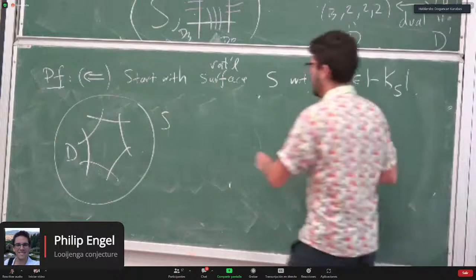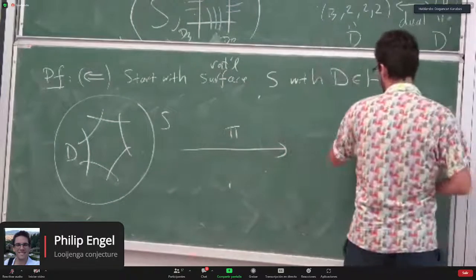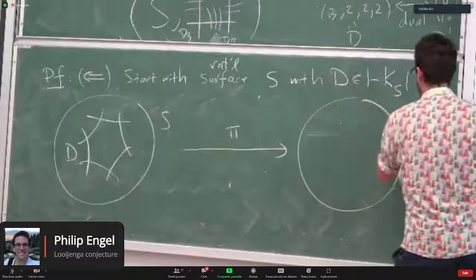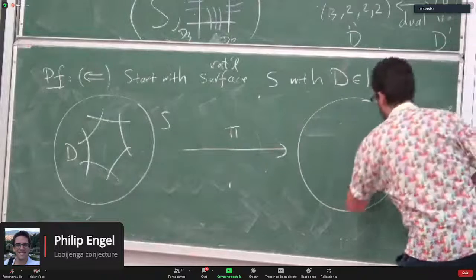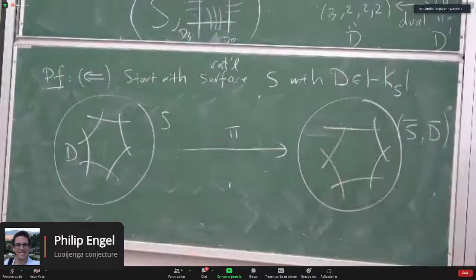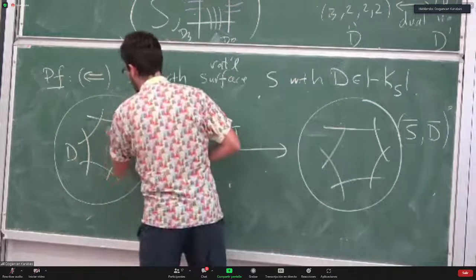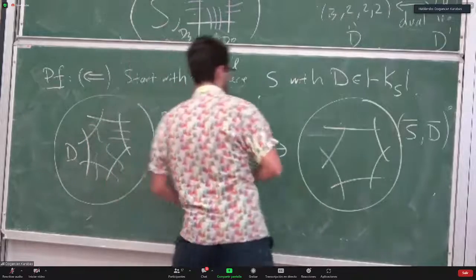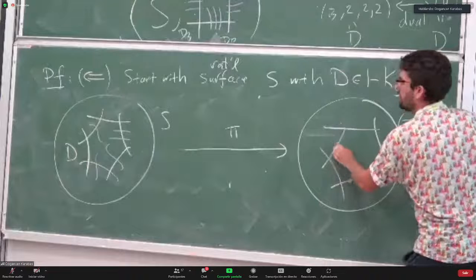So this can be realized as a blow-up of some toric pair, maybe S bar, D bar. So maybe there were some number of exceptional curves here that we blew down, and then we got this toric surface.